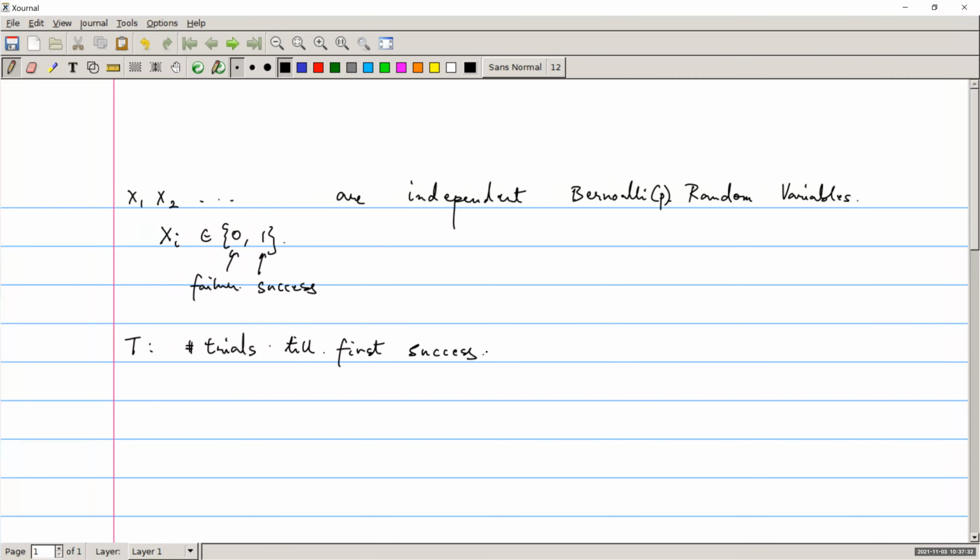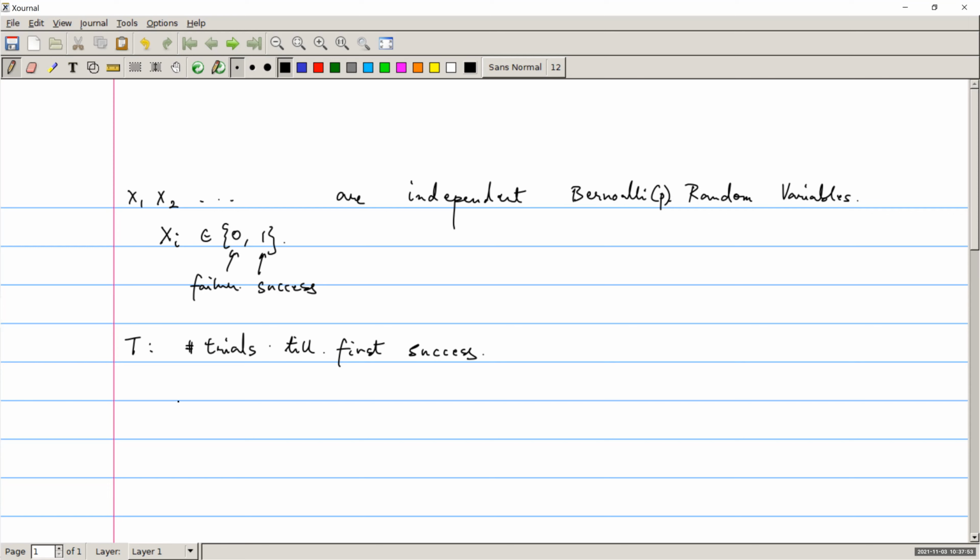So T is the number of trials till the first success. We were trying to see how T would look, what all values T can take, and what are the probabilities of each of these values. So this is how far we came.